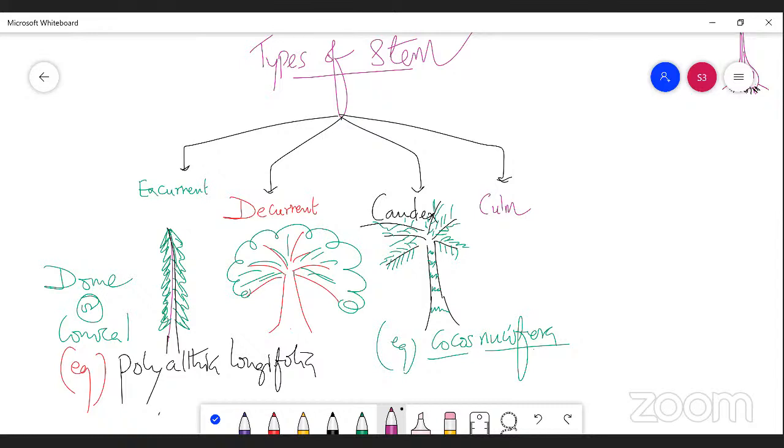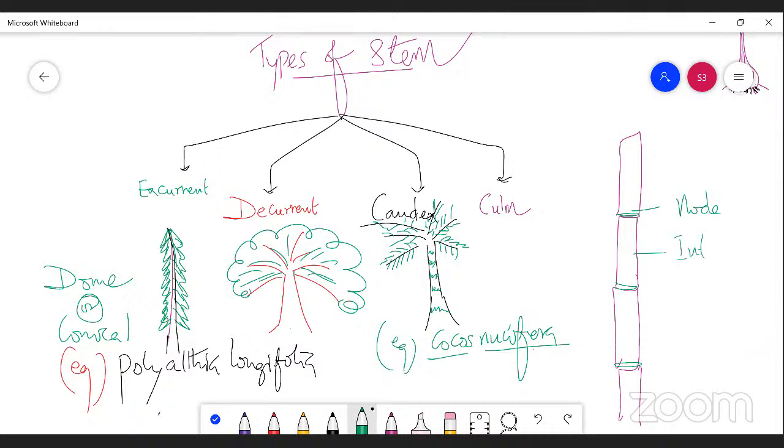Next we pass on to culm type. In the case of Bambusa, it is also a cylindrical structure, but along with the cylindrical structure, there is a hollow cavity. It has a well-developed nodal region and internodal region.